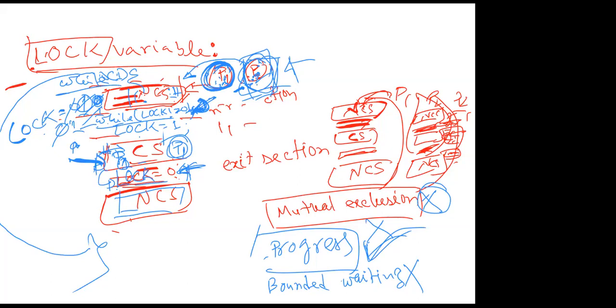Okay, so our next algorithm is the TSL algorithm. So before we start the TSL algorithm, let's check why the lock variable doesn't satisfy the, sorry, mutual exclusion. Okay, this is the major property for a synchronization mechanism. For any synchronization mechanism or algorithm, this is the major property.